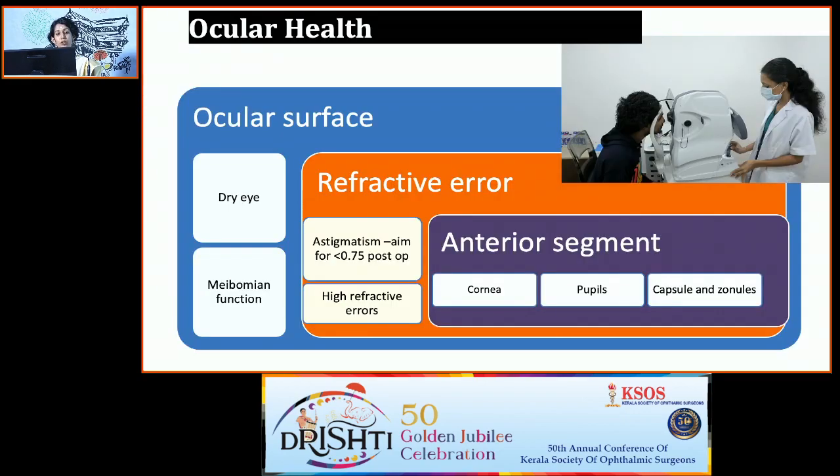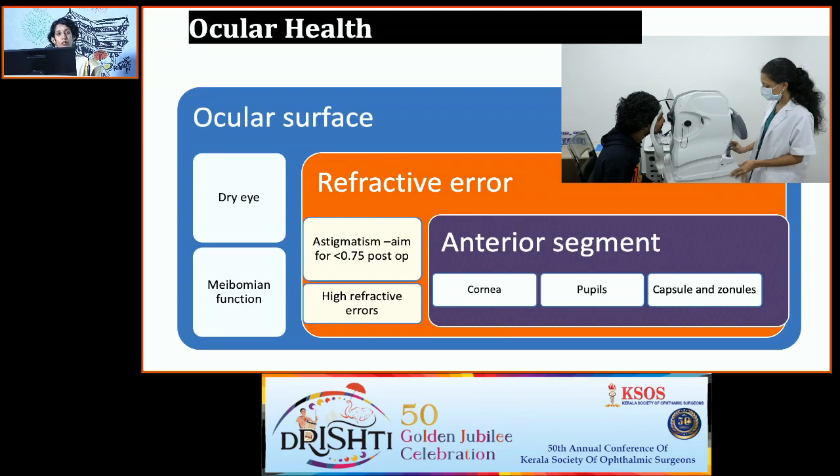And when we come to the ocular health assessment, it's important to understand whether the patient has a dry eye, also rule out any meibomian gland dysfunction, understand by feeding the data in the Barrett's toric IOL calculator whether the patient needs a toric IOL, and avoid extremely high refractive errors, and also identify subtle anterior segment pathologies, any hidden corneal dystrophies, and also it's important to understand what is the scotopic pupil size.